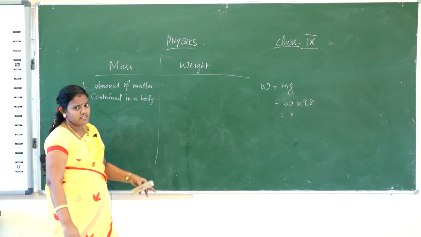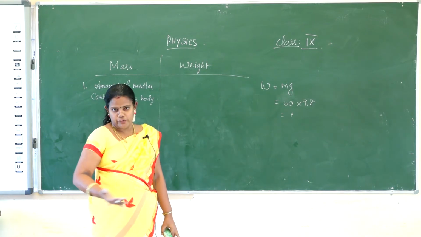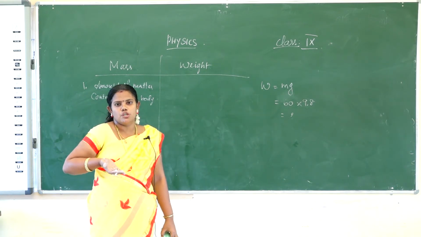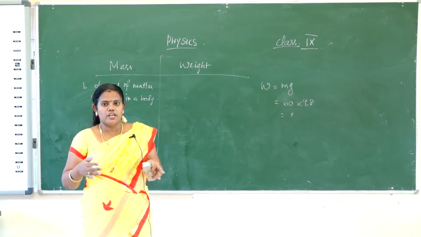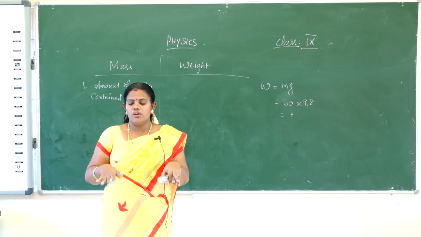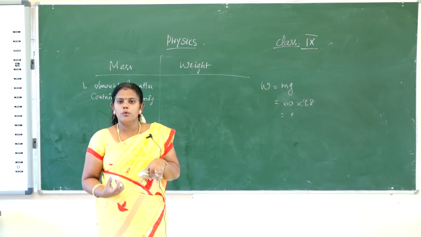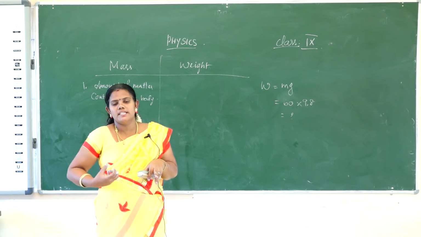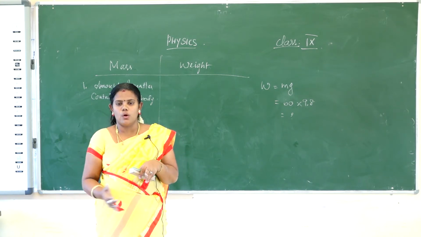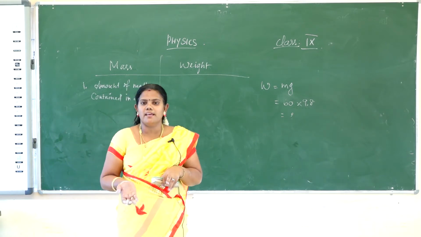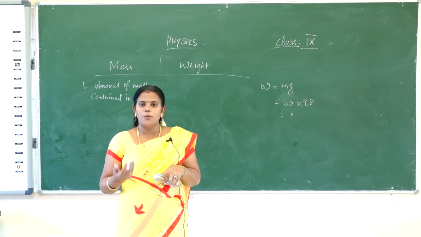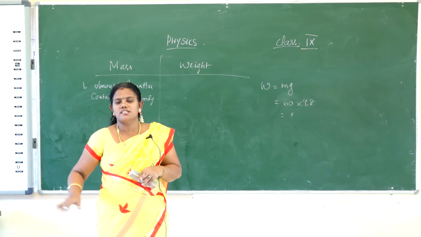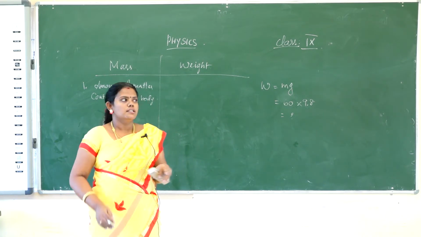What is weight? Force exerted by the surface against the gravitational pull. What is the gravitational pull? Due to gravity you stand on the floor. The gravitational pull attracts you to the ground, so we stand on the ground. But the surface gives the opposite force to you. When we stand like this, the surface gives us the opposite force.